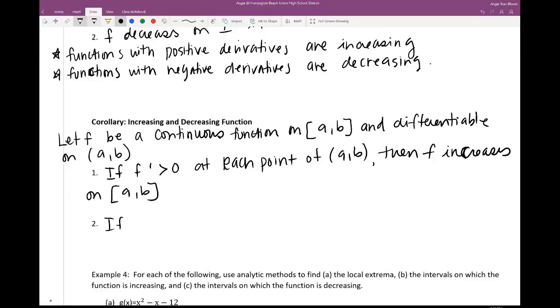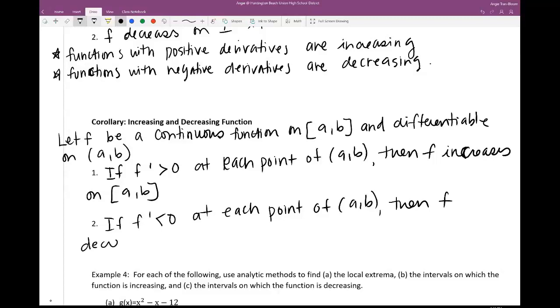Okay, if f prime is less than 0, which is negative, at each point of open interval a to b, then f decreases on a to b, okay?